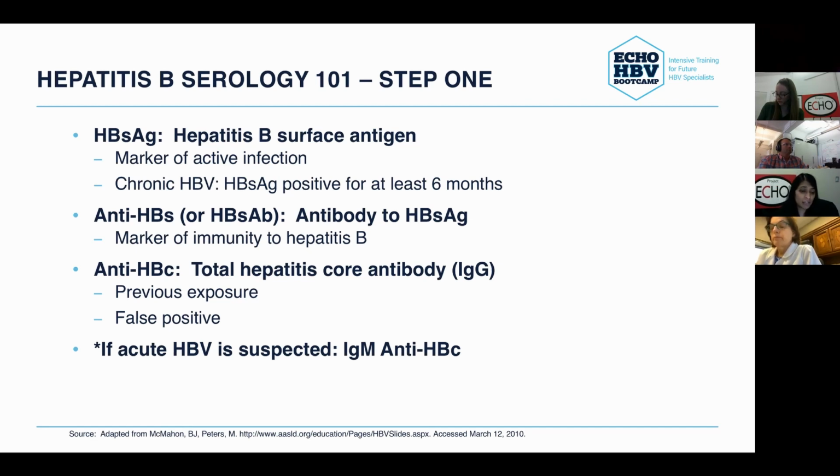Anytime we're suspicious of acute hepatitis B infection, the test question that you will often see on your board examinations for internal medicine or family medicine will be whether or not the IgM core antibody is positive. That's something that you will typically see during one of those window periods and should really make you think of acute infection if that's positive. But typically the test that's ordered is the total IgG core antibody, not the IgM.